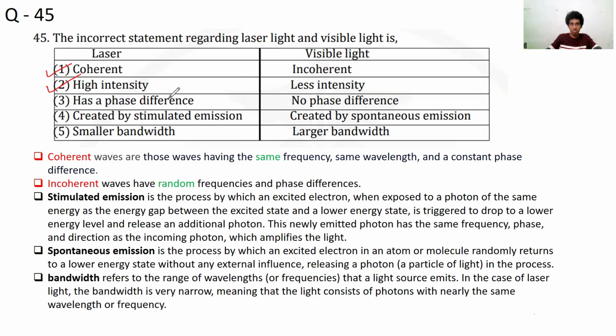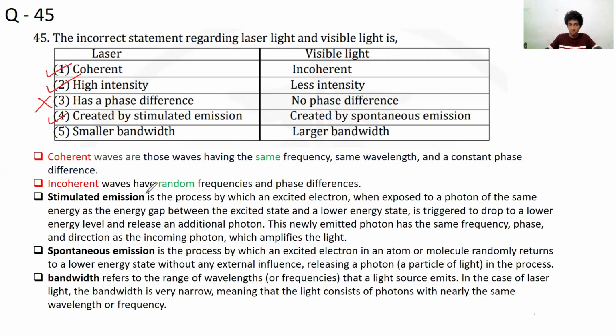Third one, has a phase difference and no phase difference. That is wrong because laser light and visible light, which are both electromagnetic waves, both have a phase difference. Fourth one, created by stimulated emission and created by spontaneous emission. That is correct. Laser lights are created by stimulated emission, while visible lights are created by spontaneous emission.